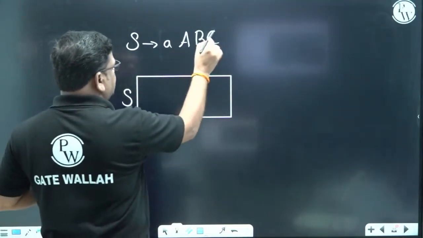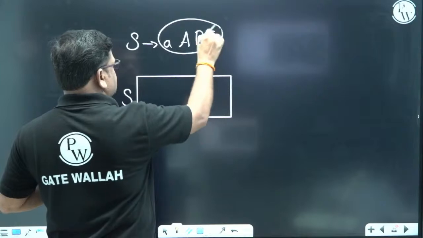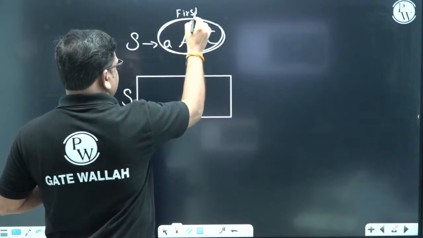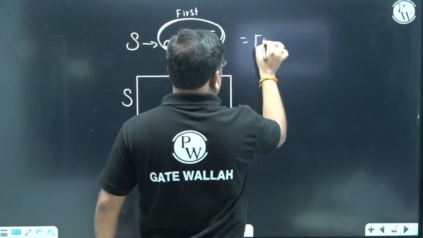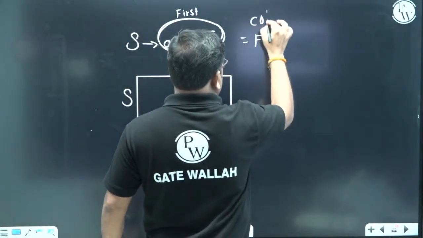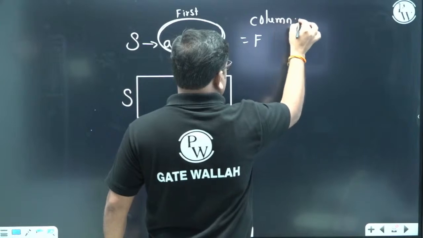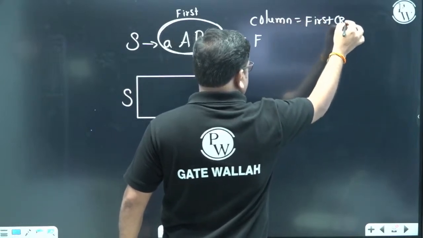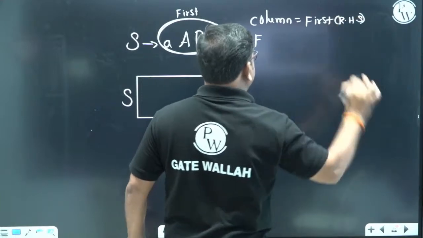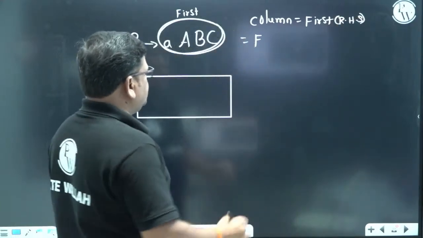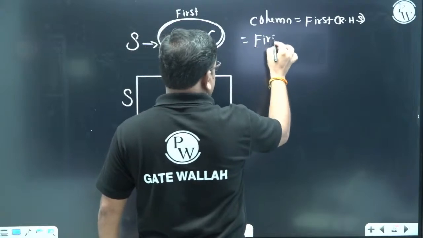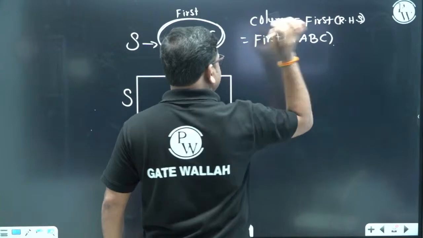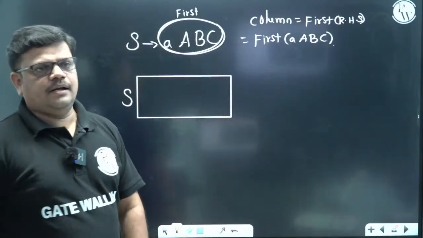Column is nothing but the first of the right hand side part, the first calculation of its right hand side. That is nothing but the first of the RHS of the grammar production. So that is nothing but the first calculation of ABC. This is the way columns are defined.